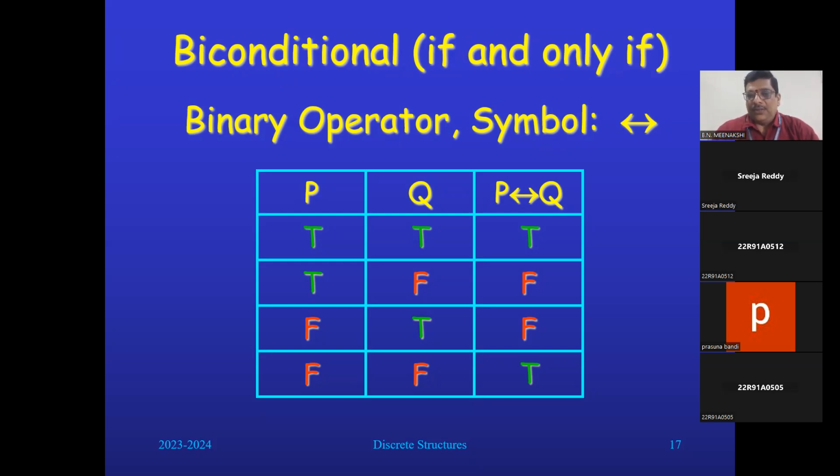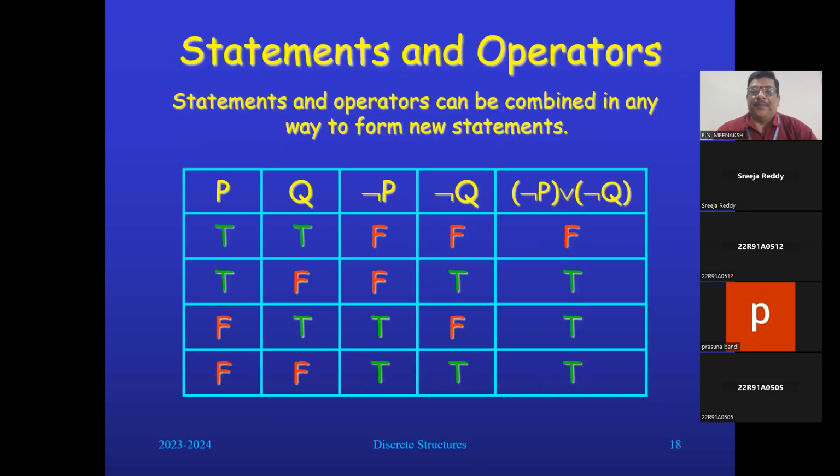If P is true and Q is false, the resultant will be false. If P is false and Q is true, the resultant will be false. If both are false, the resultant will be true. So here you can observe, when both are true, the resultant will be true. When both are false, the resultant will be true. If any one is false, the resultant will be false. This is called a biconditional.